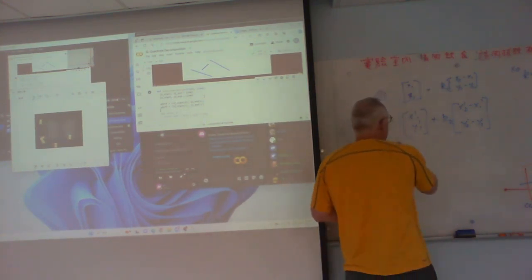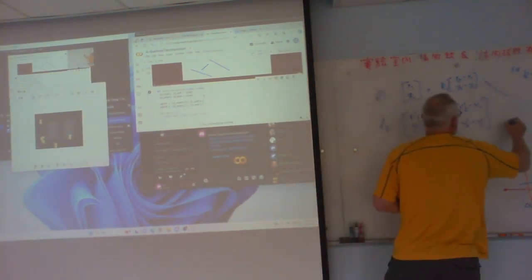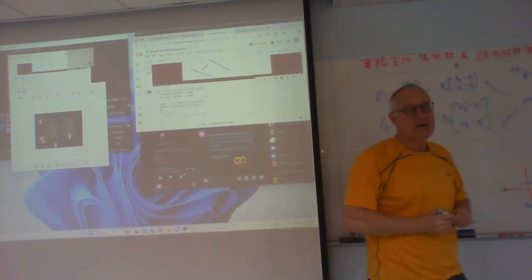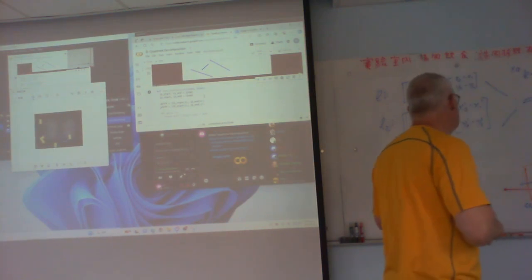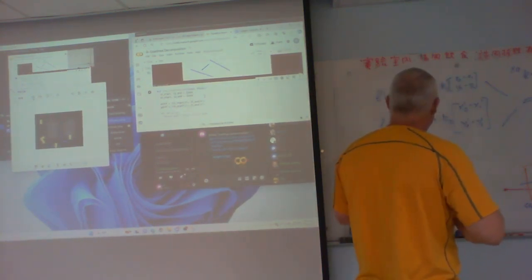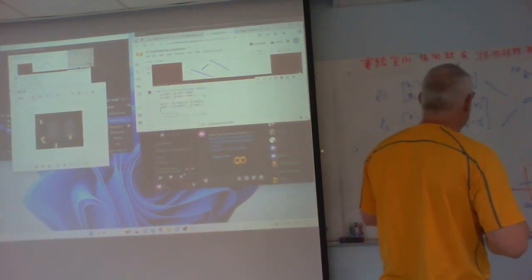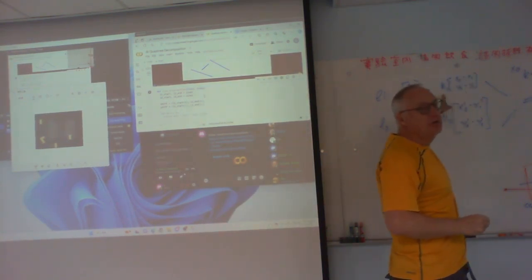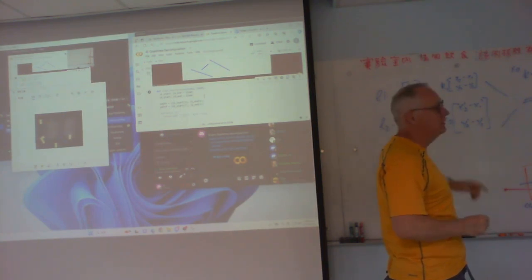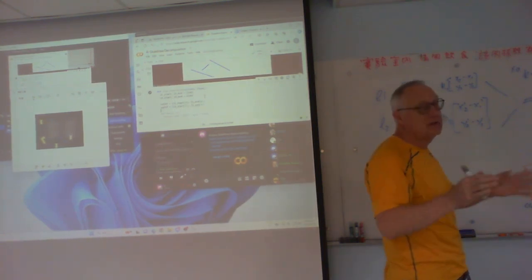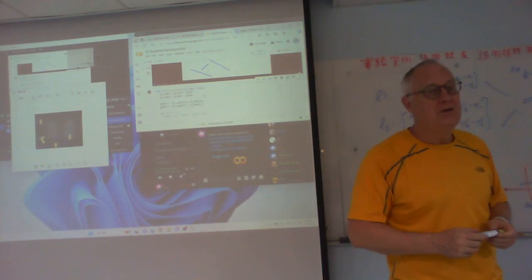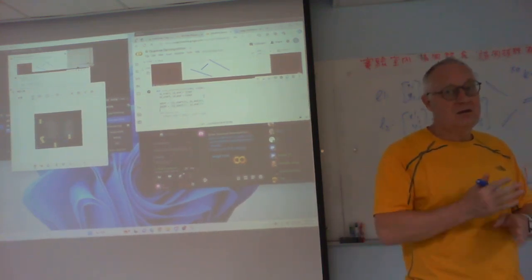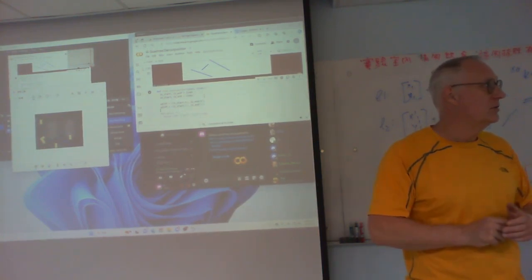So that means this and this have to be equal. And not only does it have to be equal, but also k1 has to be between 0 and 1 and k2 between 0 and 1, because we're dealing with line segments. If you're dealing with infinite lines, then just any k that matches will do.